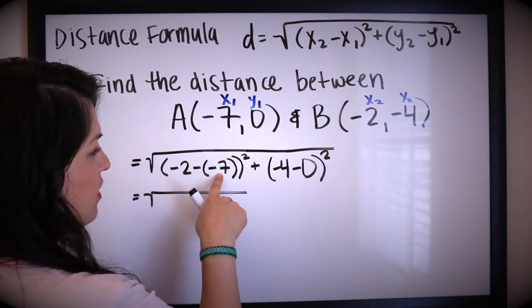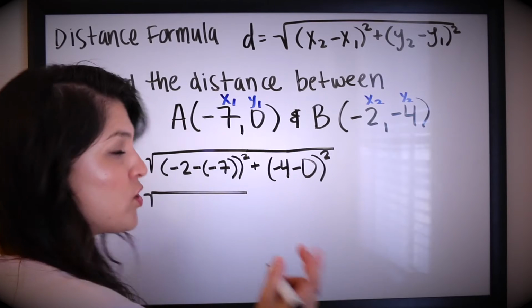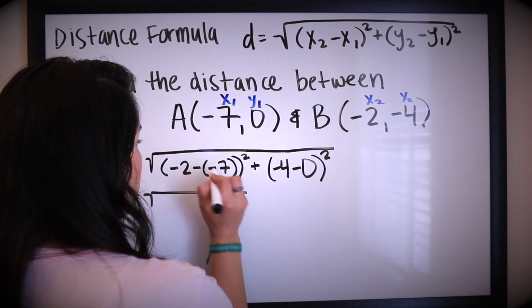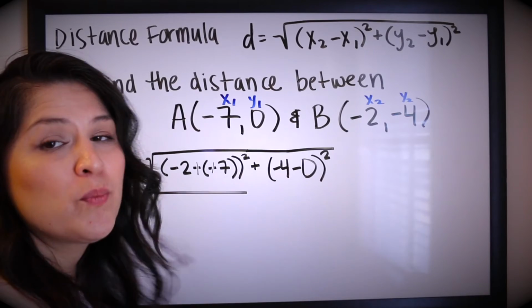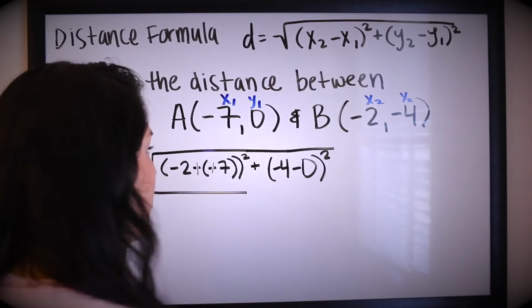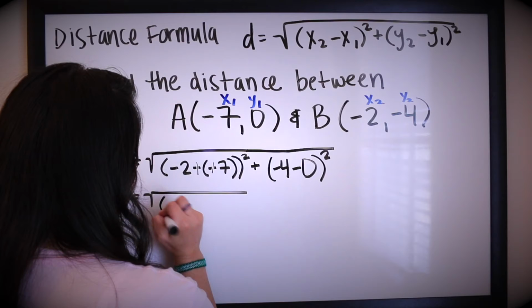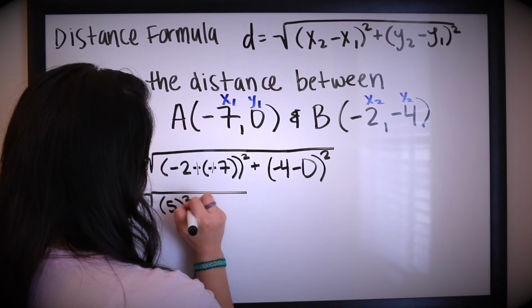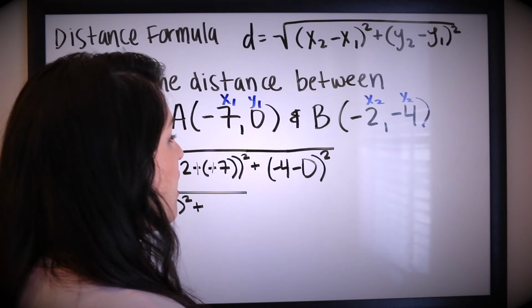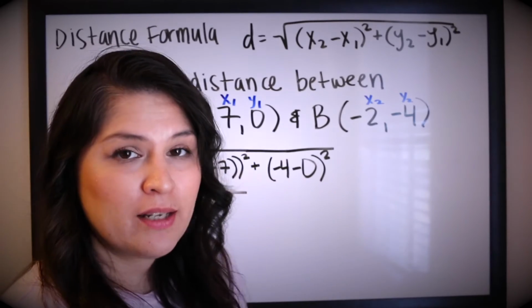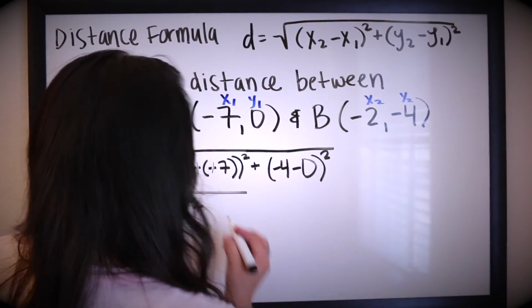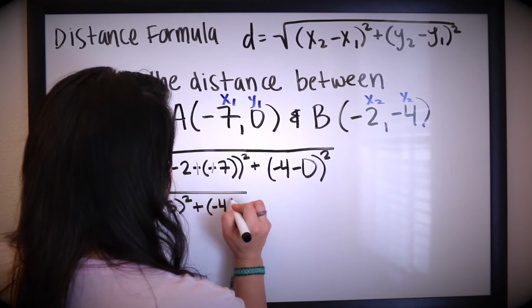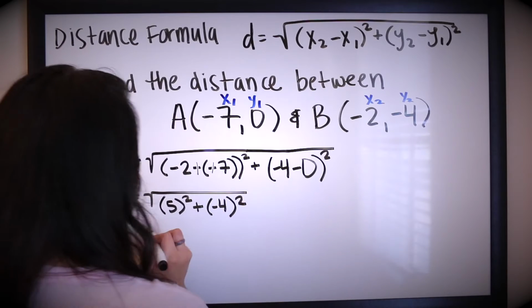Here we have a negative number being subtracted, so let's go ahead and apply rule number 4, make that a positive. So now we have a -2 plus a 7, which gives us a positive 5. -4 minus 0, we're not subtracting anything, so it's a -4. Square that.